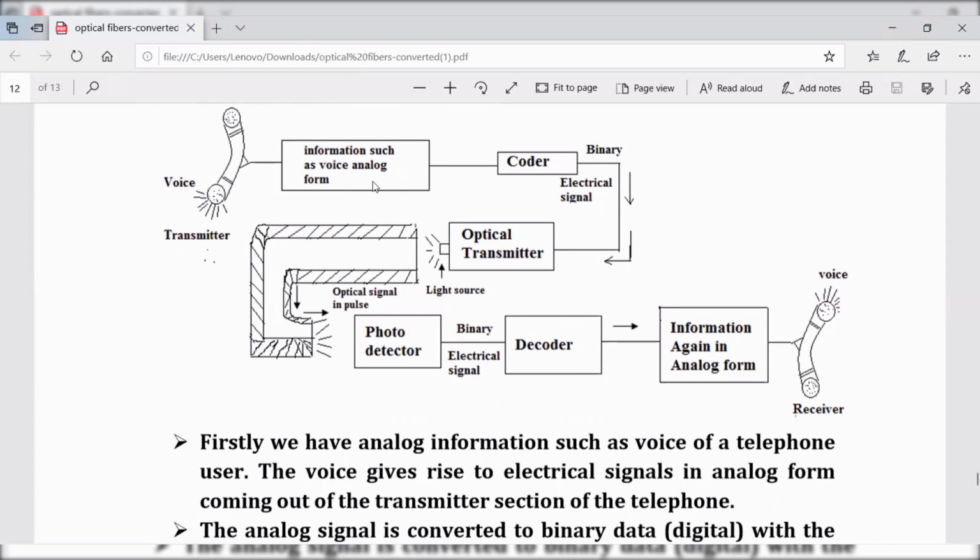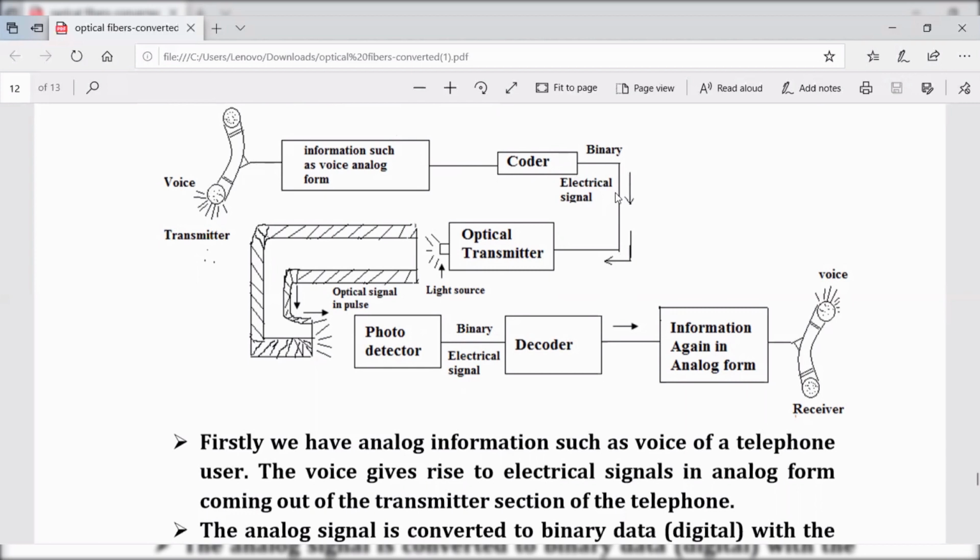That analog information is fed to an electronic system called an encoder, which will convert this analog information into digital data, or binary data. Now, this binary information is fed to an optical transmitter called an LED, that is, a light emitting diode.